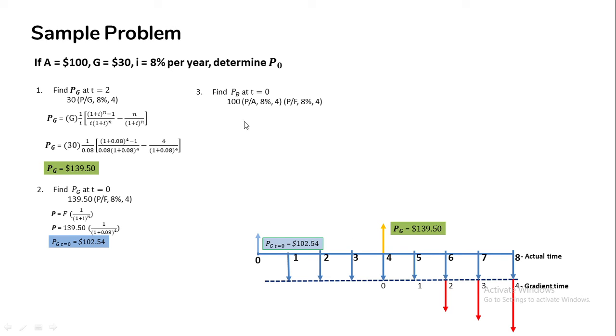And now we will find the present worth of the base at t is 0. So the formula we follow is the PA multiplied by PF.